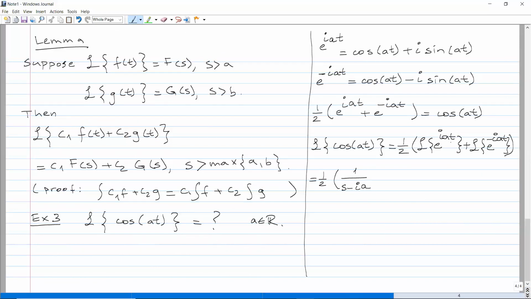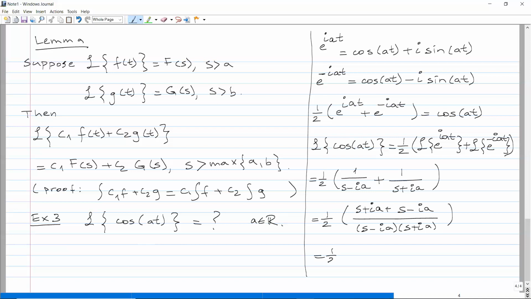So here the coefficient of t is i times a, so it becomes s minus ia, plus the Laplace transform of e to the minus iat, where the coefficient of t is minus i times a, so s plus ia. If we get the common denominator, we have s plus ia plus s minus ia divided by s minus ia times s plus ia.